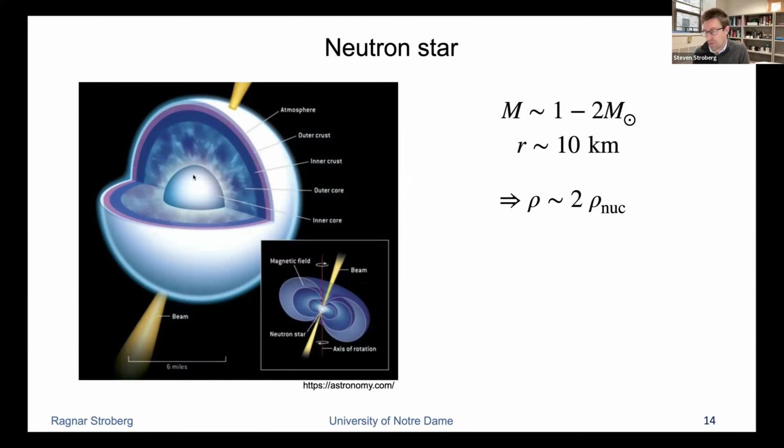And to the extent that we can understand the outer stuff down into maybe the crust and the core, where we basically know something from nuclear physics, then we can really start constraining what's going on in there, which I think is pretty cool. But right now, yeah, there's a big question mark in there.